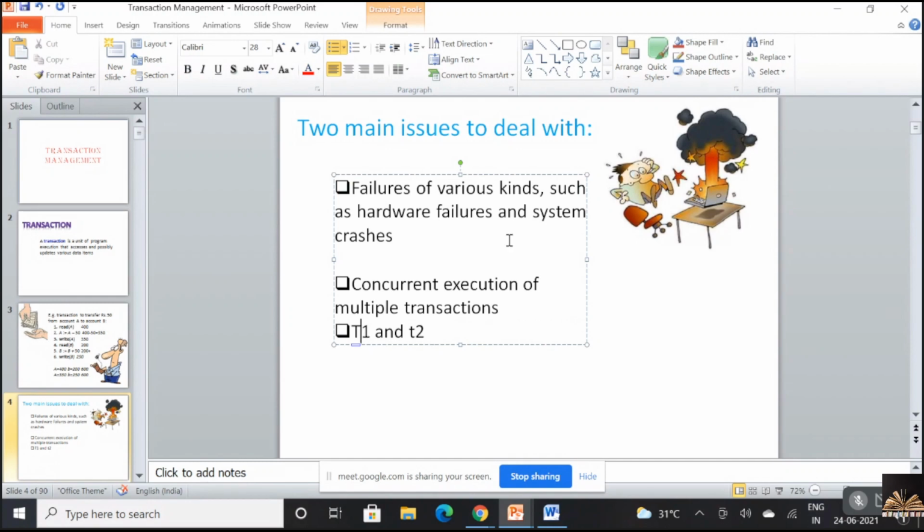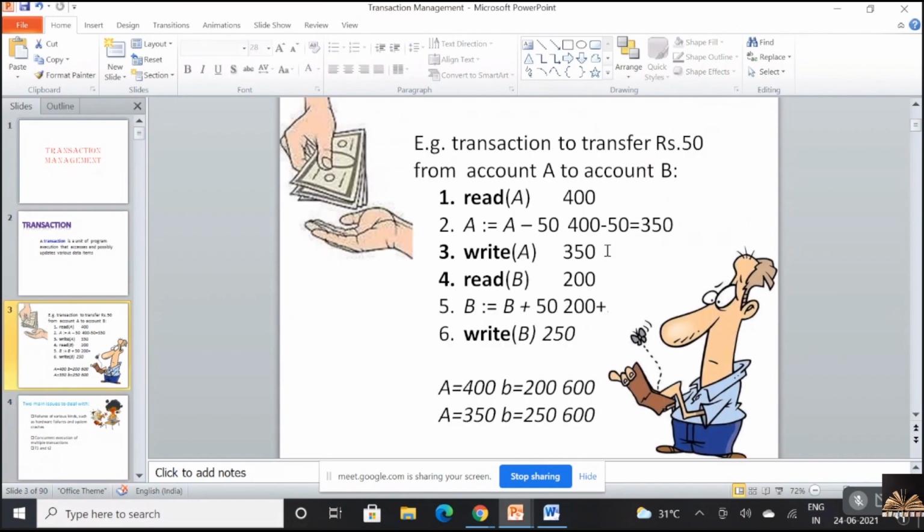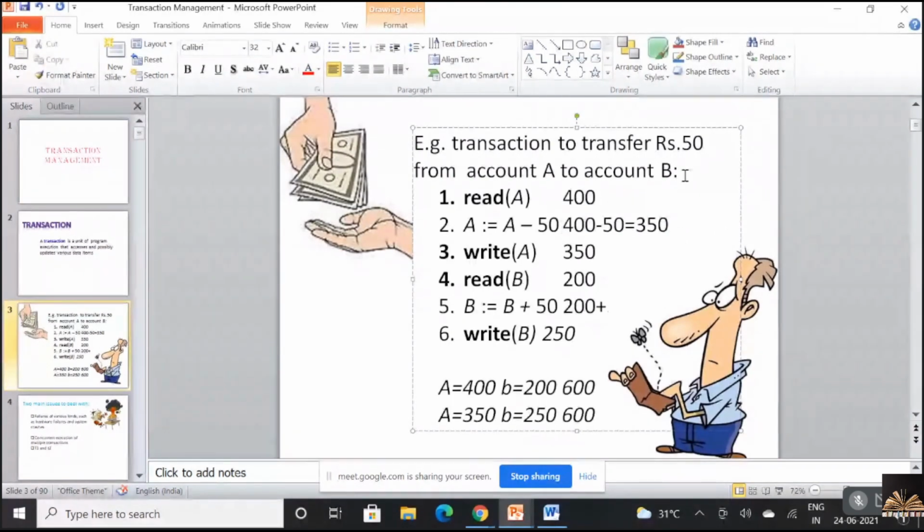And what would be the problem caused would be, try to understand this now. See, I have read the value of A, 400. Then after that, I have deducted amount 50 from A. Then I have written the value of A, 350.